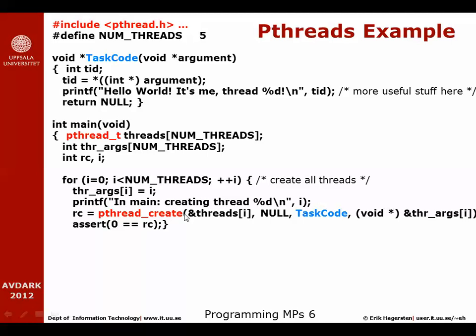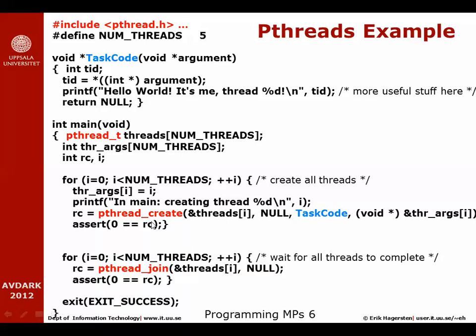Then as the next step, we call another function defined in the pthreads library, which is pthread_create. Each time we go in this loop, we create a completely new thread of computation. That thread of computation will execute the task code we just defined up here, and we pass one of the thread arguments that we initialized over here. So we simply pass the pointer to the i.